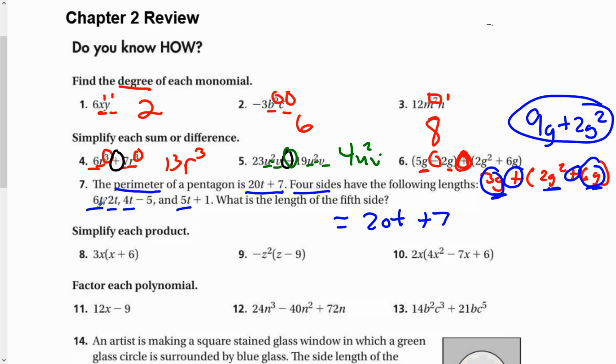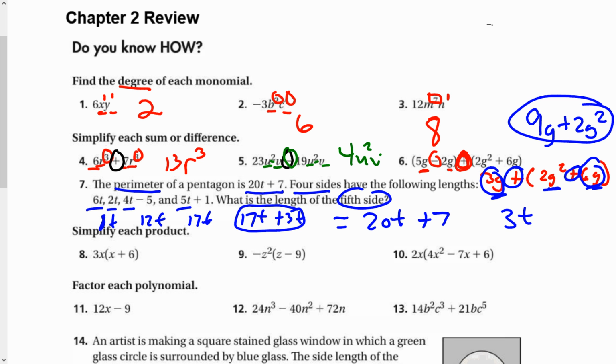That's 6t plus 2t, that's 8t, plus another 4t, that's 12t, plus another 5t, that's 17t, but I need 20t's, so don't I need 3 more? So on my 5th side, I would have 3t, right? This equals 20t.